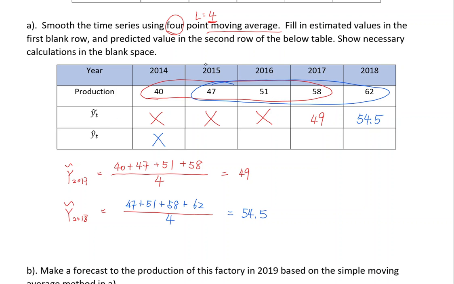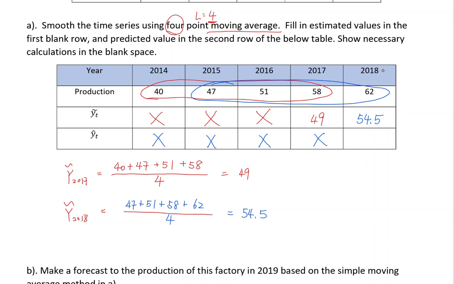What about 2015? If we want to make the prediction about 2015, we want the estimated value of 2014. Since this is not applicable, there will also be nothing here, right? The same thing here. Then what about 2017? If you want to make the prediction for 2017, you need the estimated value for 2016, but there is no entry here, so still nothing here.